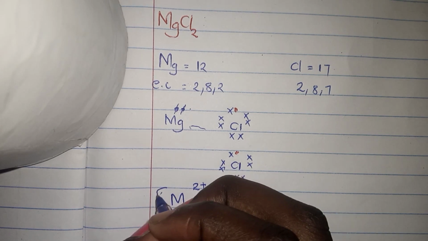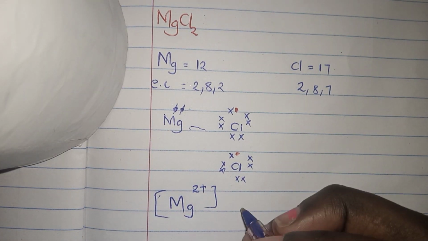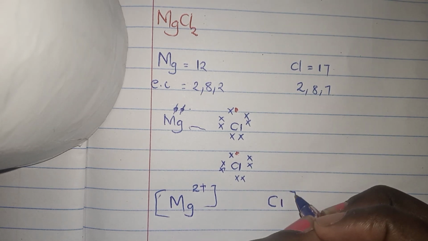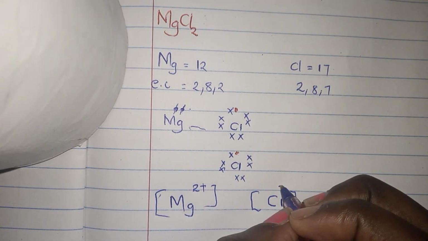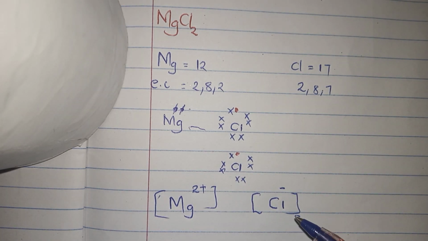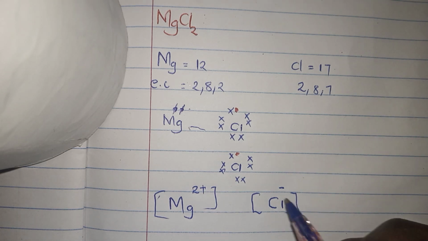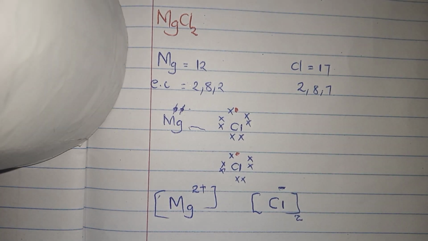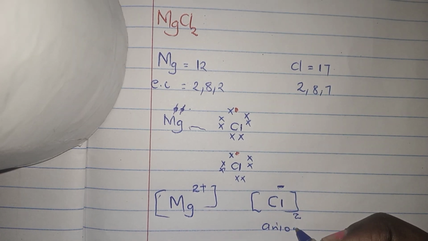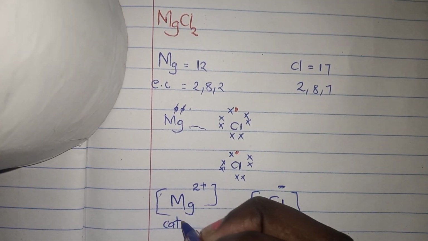It has given out 2, so it has a positive charge, and for chlorine, it has a negative charge. And for this case, there are 2 atoms. You can see there are two atoms, and each is gaining an electron, and it becomes an anion. So we have here anion, and we have cation.